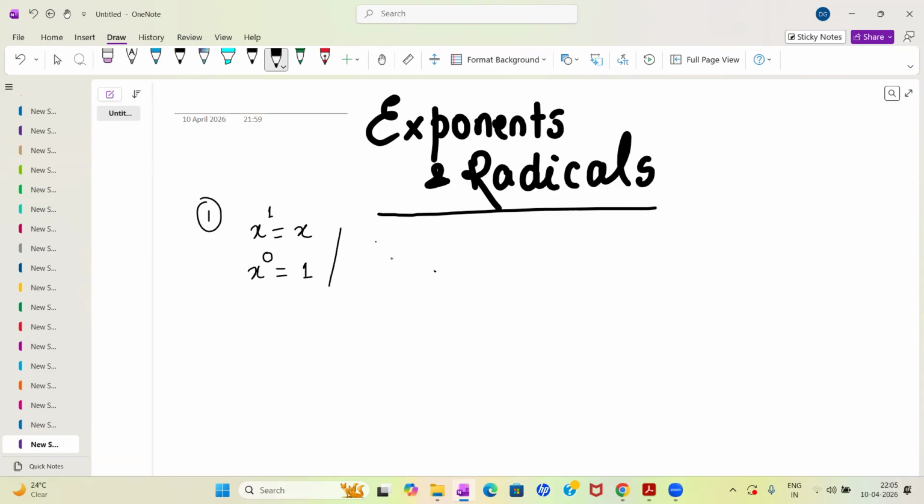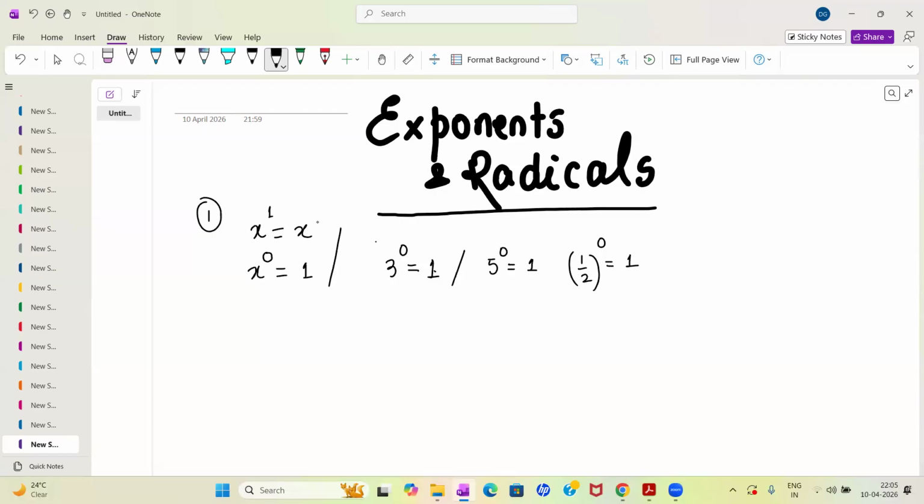For example, 3 to the power 0, the answer is 1. 5 to the power 0, the answer is 1. 1 by 2, the whole power 0, the answer is 1. So the exponent of 0 of any number, the answer is always 1.